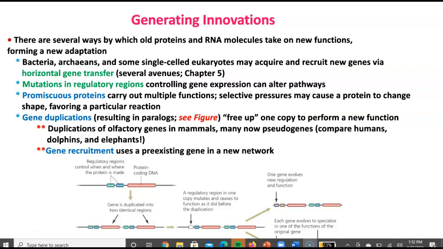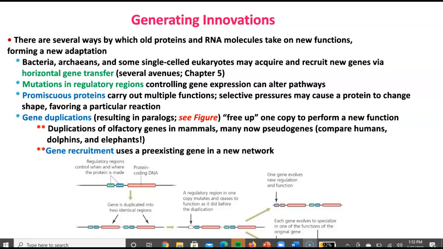It's how mammals are able to smell so many different kinds of chemicals in the environment, as they have all these duplicated olfactory genes that have been freed up, if you will, to be receptive to different signals.